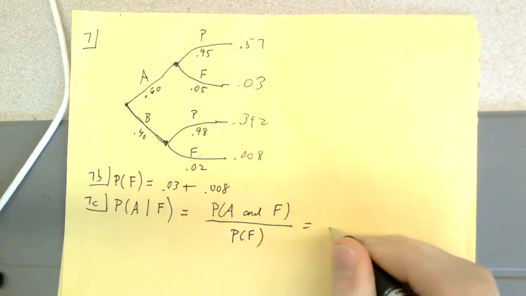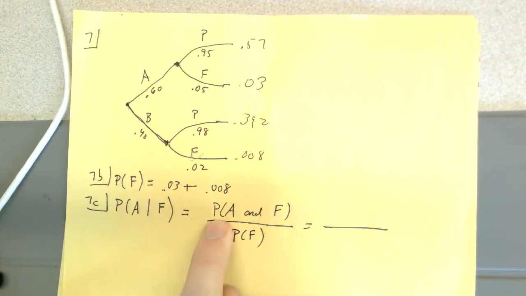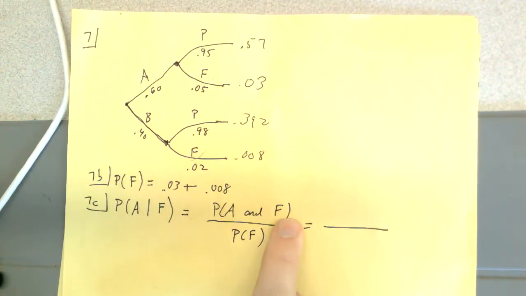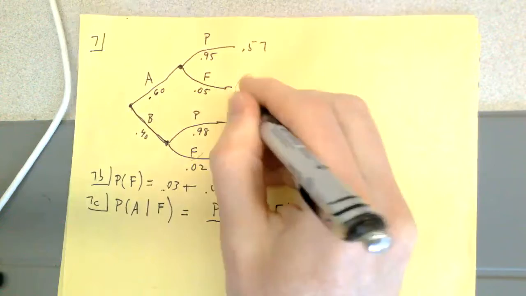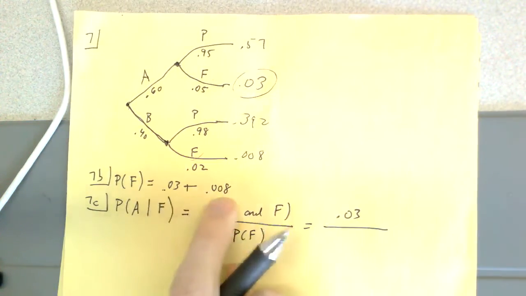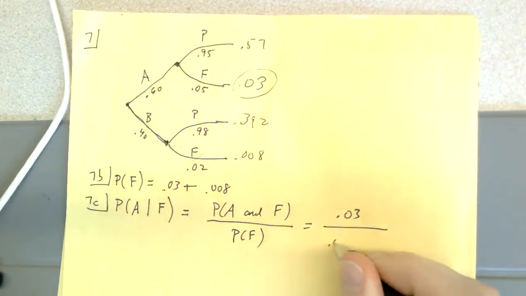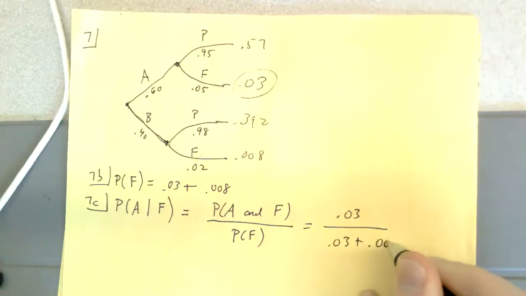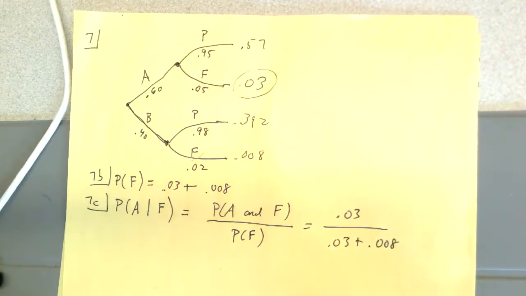Well, the numerator here, the probability of A and F, that's an end branch probability. That's this guy right here. That's the 0.03. Probability of F, we actually already looked at that in the previous problem. That's 0.03 plus 0.008. So whatever that turns out to be will be the answer.